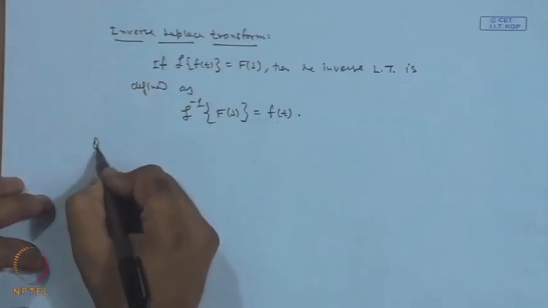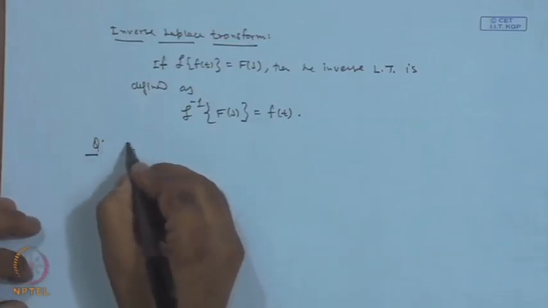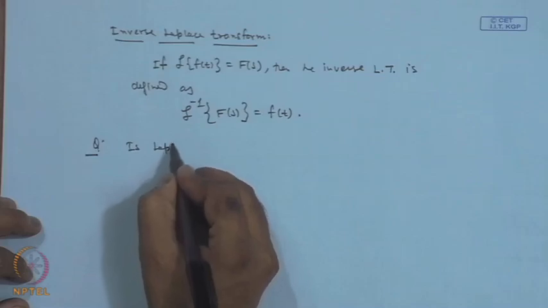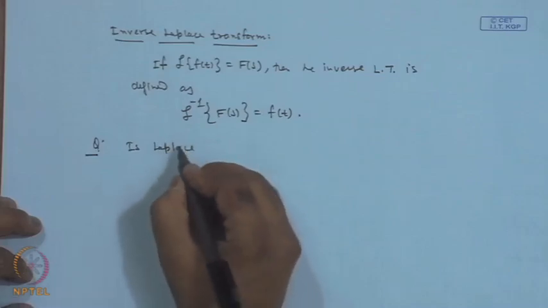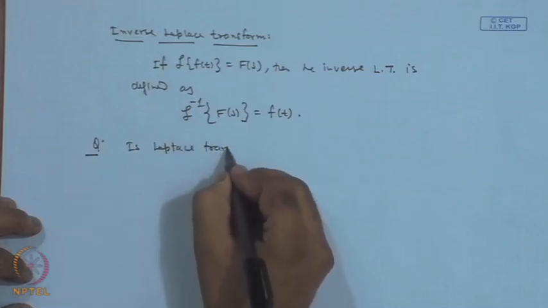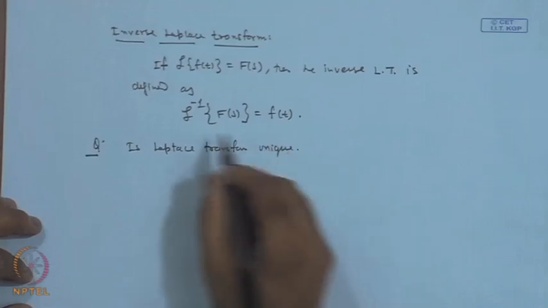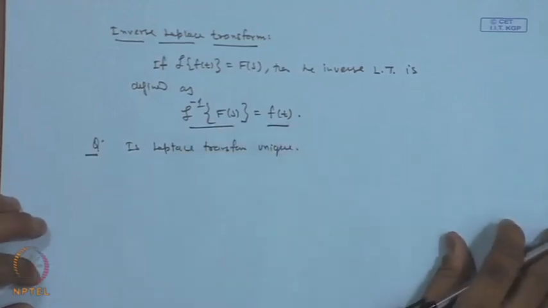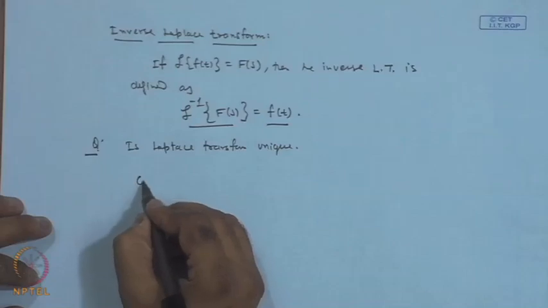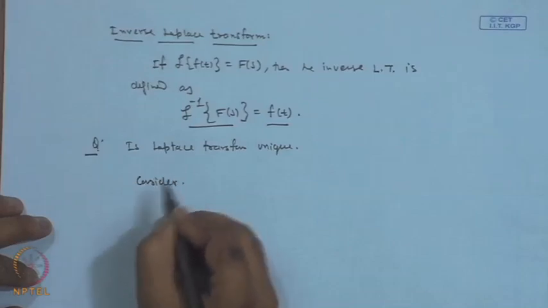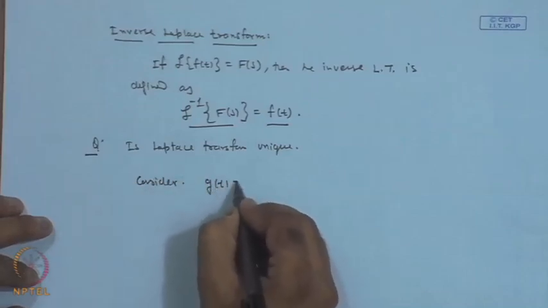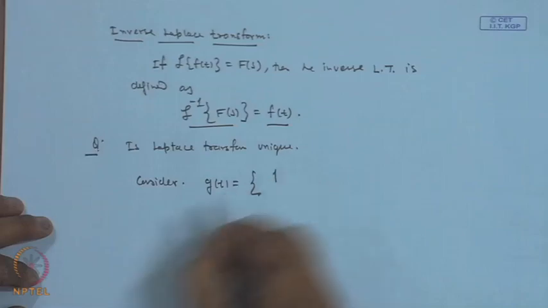Now the natural question arises: is the Laplace transform unique, or is the inverse Laplace transform unique? To answer this, first let me consider a function g(t), which is defined as follows.